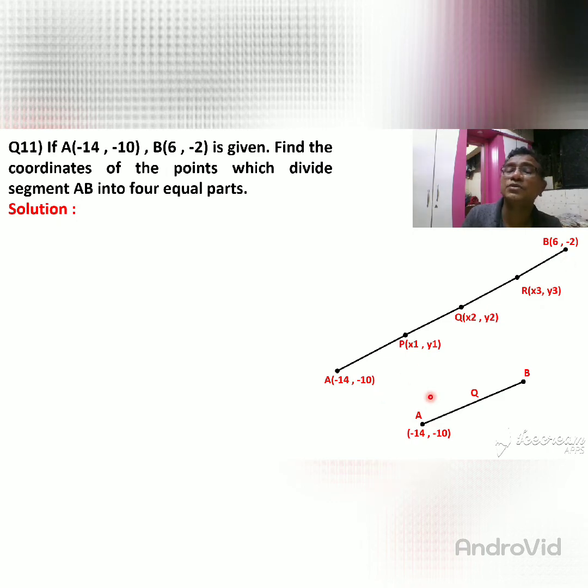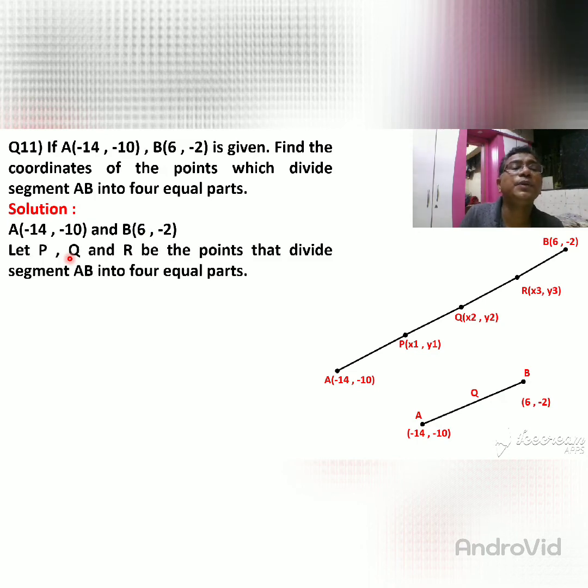Okay. So first you want to find out Q. So see, this is the A point's coordinate minus 14, minus 10, and the B point's coordinate 6 and minus 2.